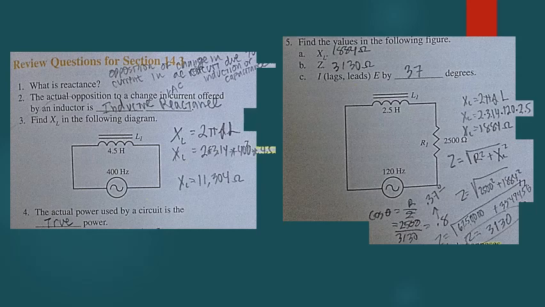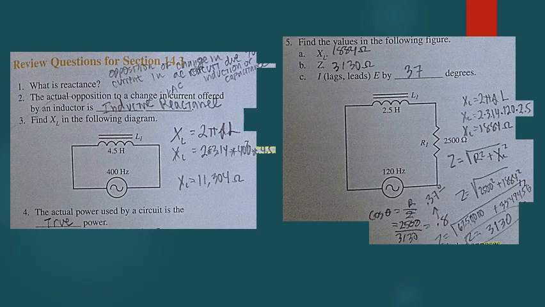And in this case we have that formula as Z equals the square root of R, or resistance squared, plus your inductive reactance squared.